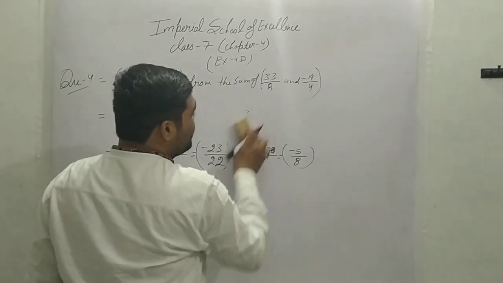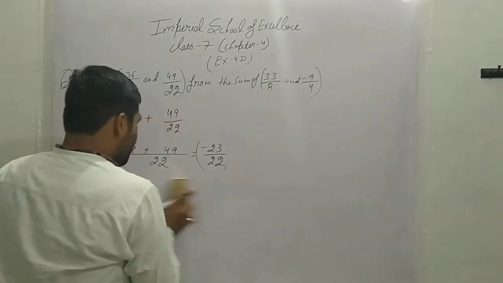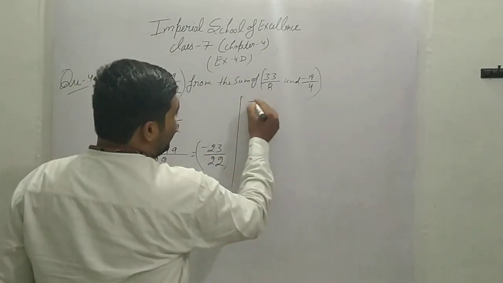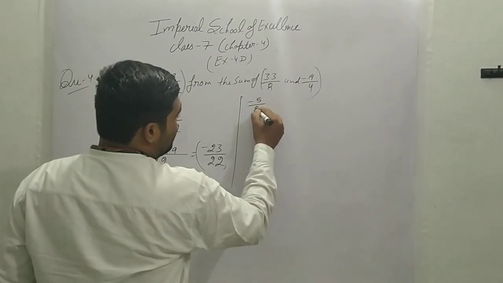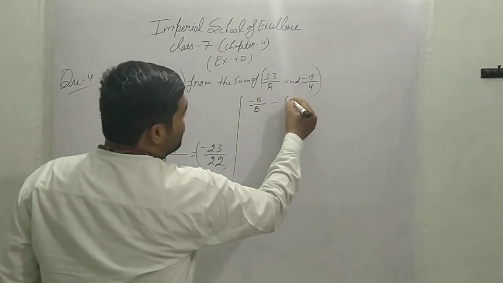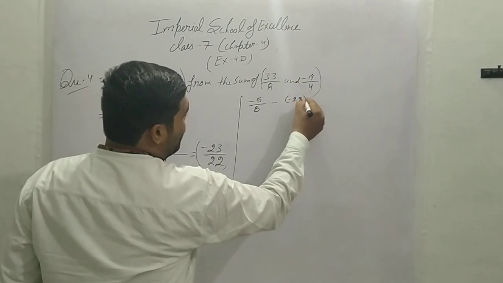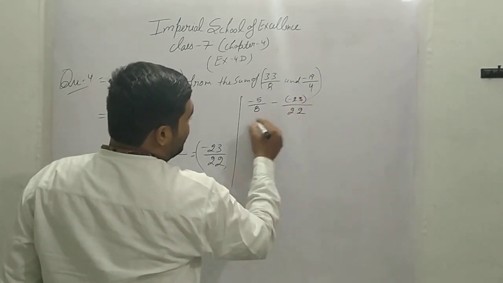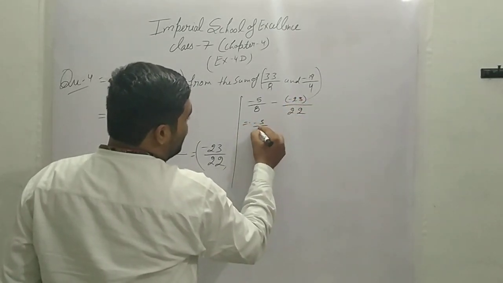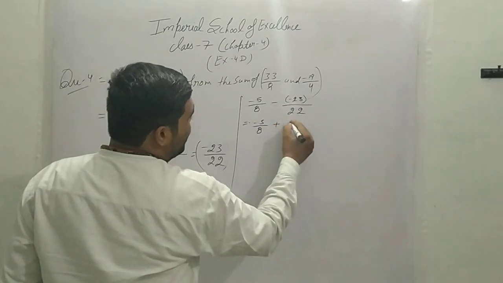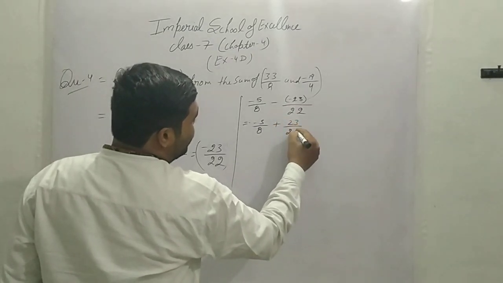I am rubbing this one, you can see, minus 5 upon 8 minus and minus plus 23 upon 22.